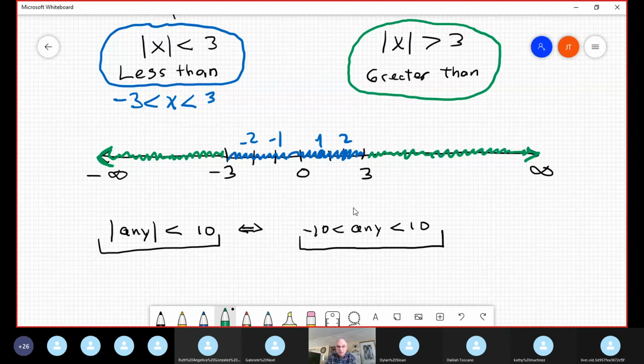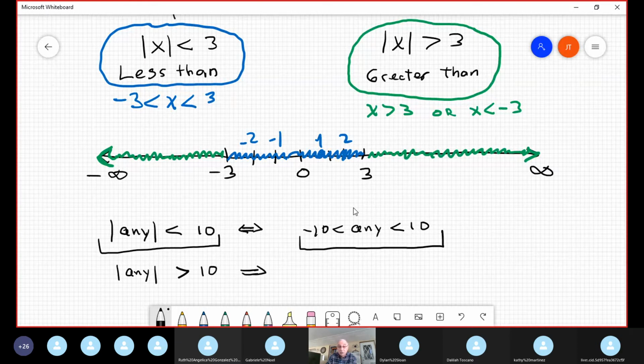The first interval is x greater than 3, or, because it's or, it's both, x less than -3. So what is the general formula for the greater than? When you have absolute value of any expression greater than 10, suppose, immediately you separate, so you remove the bar, but copy the expression 2 times.